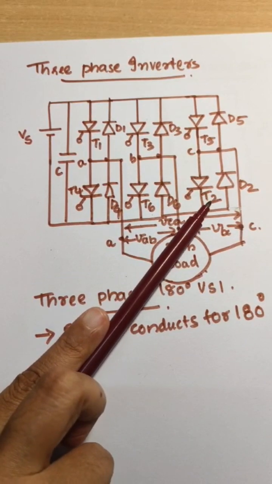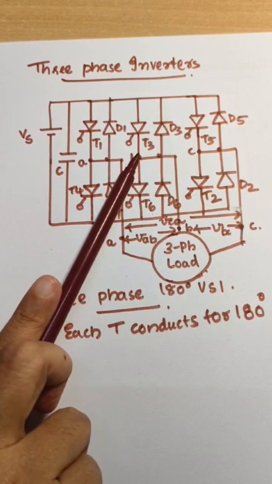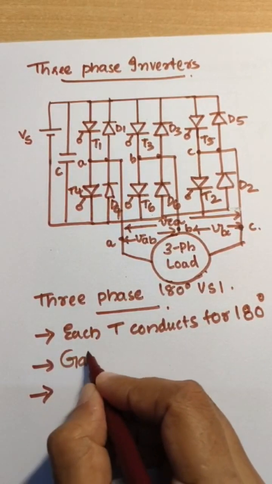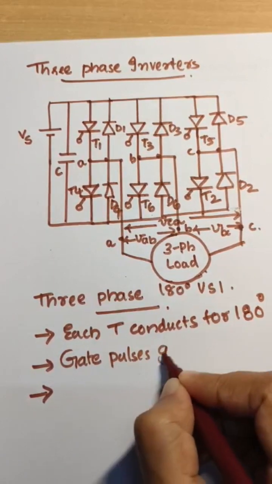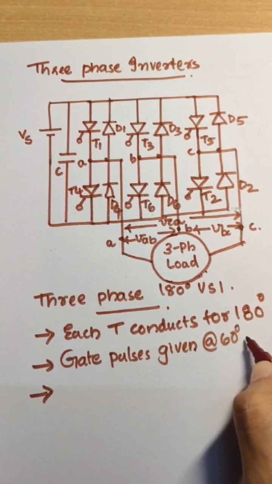From turning on of T2, after 60 degree T3 will be turned on. Like that switching happens. So gate pulses are applied at 60 degree intervals.